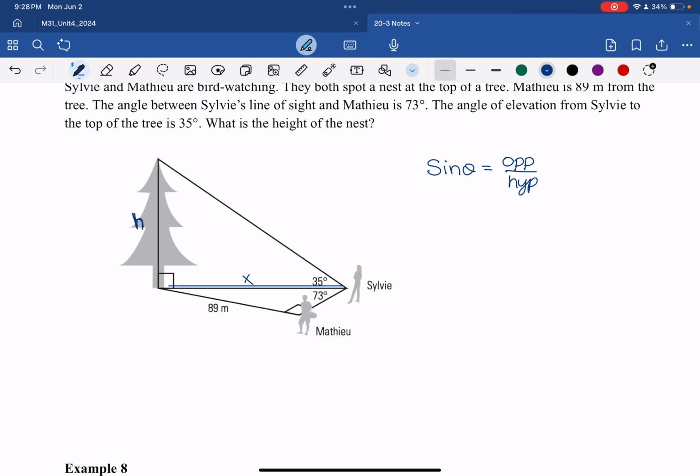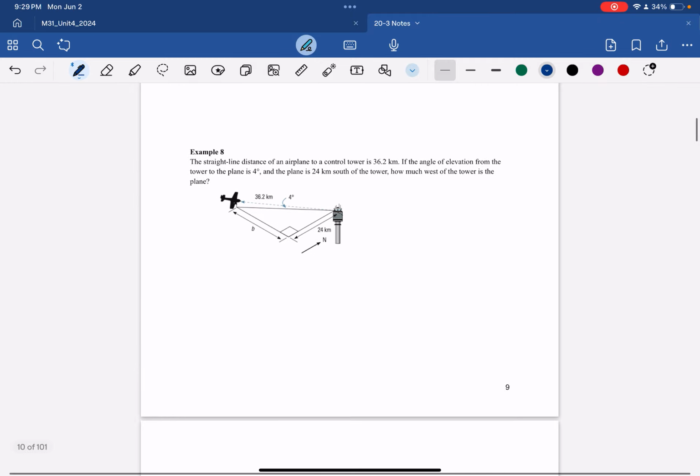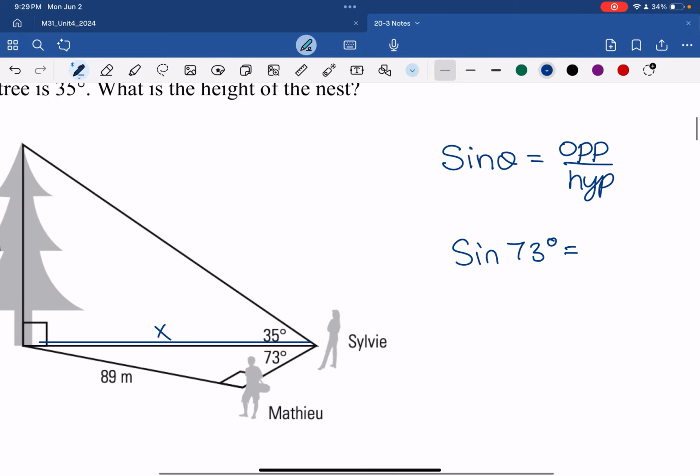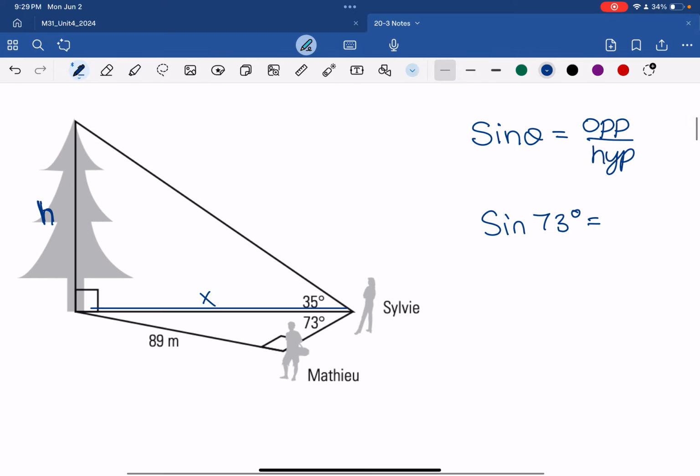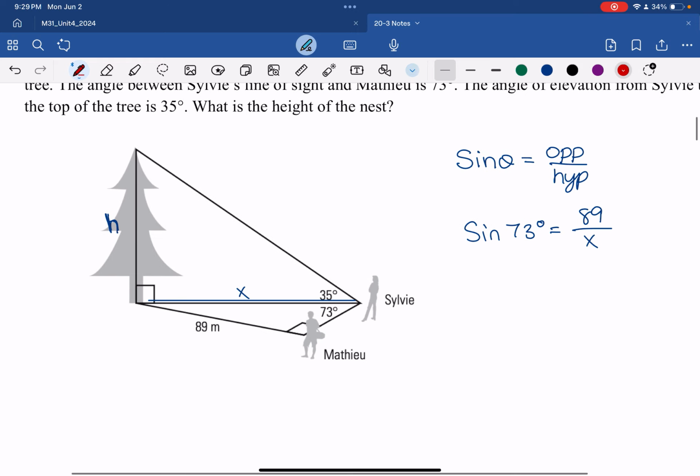Okay, so sine of 73 degrees is equal to, oh, I'm sorry, make you dizzy. So my opposite is the 89, and I'm looking for X. Okay, and if it's helpful, throw that one underneath.